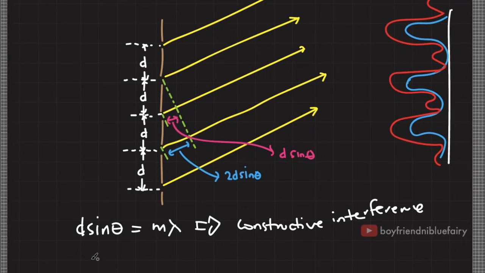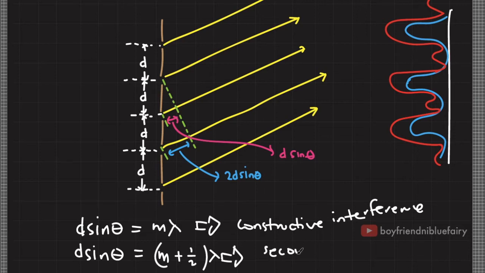But when it comes to destructive interference, remember that the condition from double-slit interference is (m plus 1/2) lambda, where m is an integer. This time, there will be a presence of secondary maxima, and in between secondary and primary maxima, there will be a dark fringe.